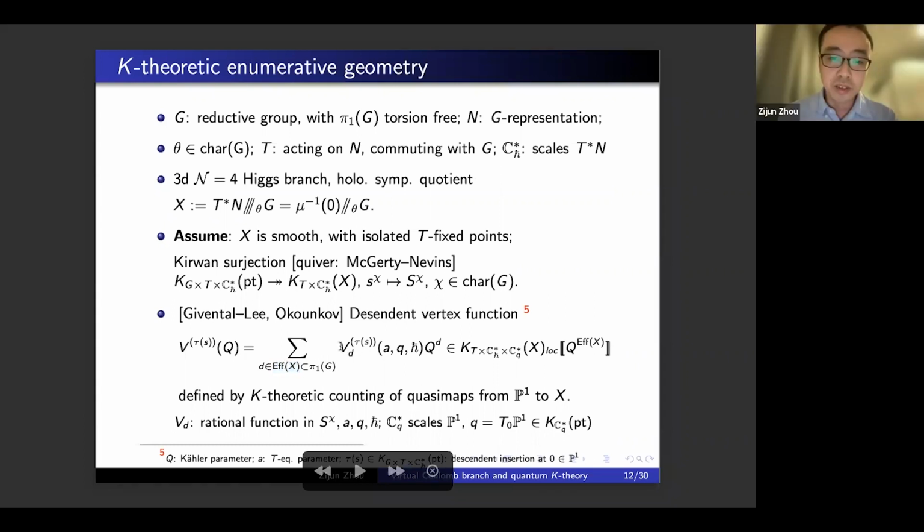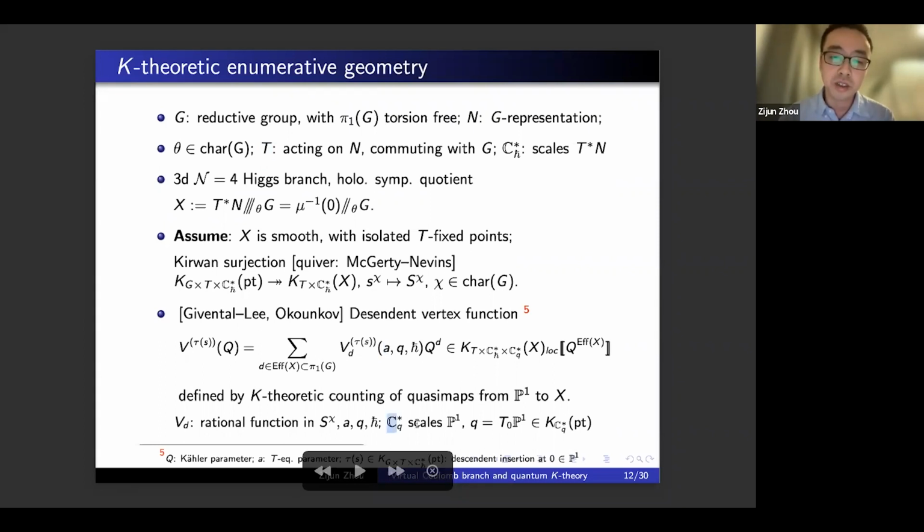And these coefficients V sub d come from the K-theoretic counting of quasimaps from P1 to X. And a here is a collection of equivariant parameters of T, and q is the equivariant parameter of C star q.